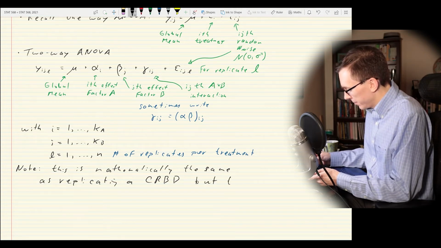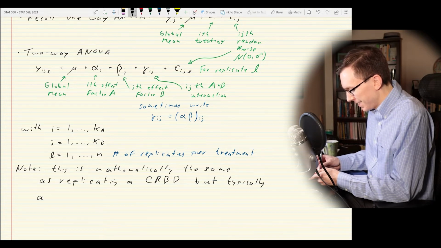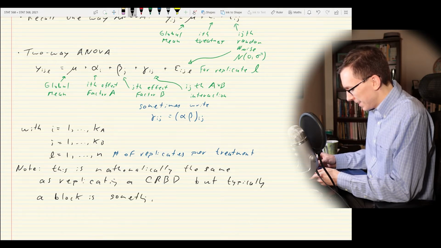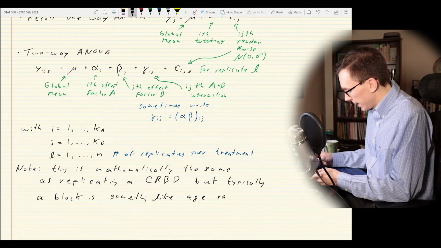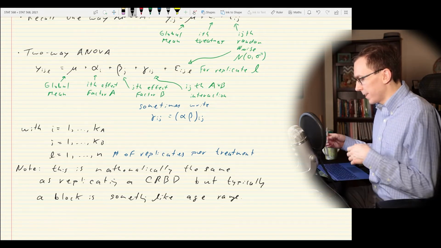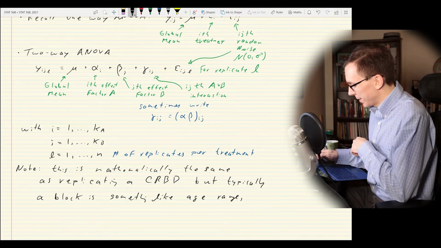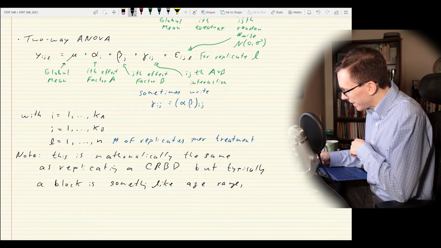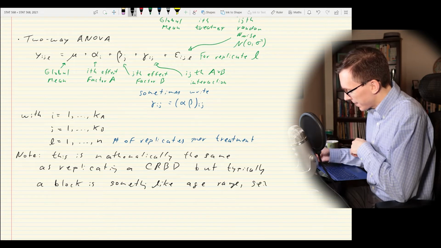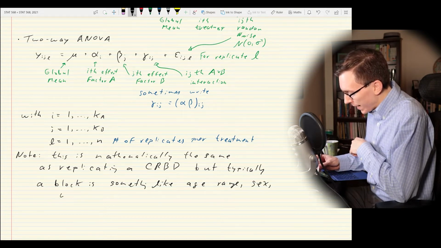But typically, a block is something like, let's say, age range, or other things like that. I'm trying to think what else could be a good blocking factor. I guess age range, let's say sex, let's say a person's weight.